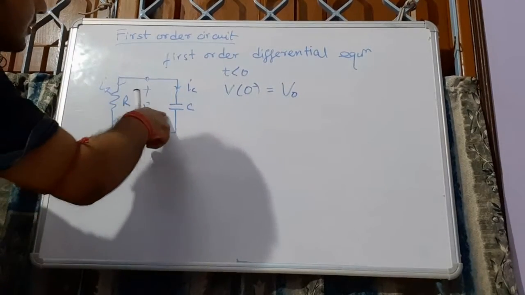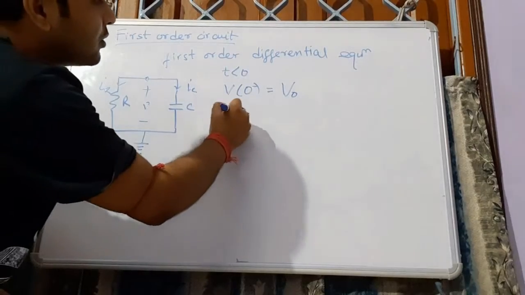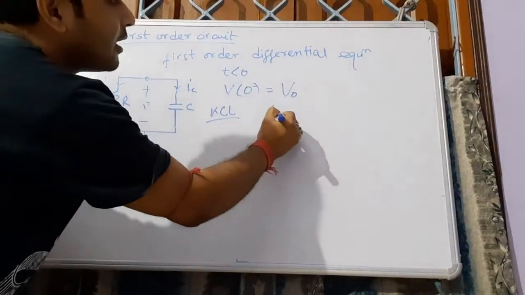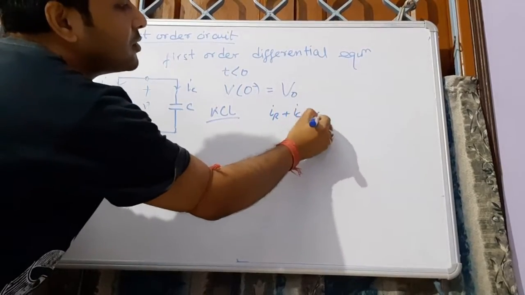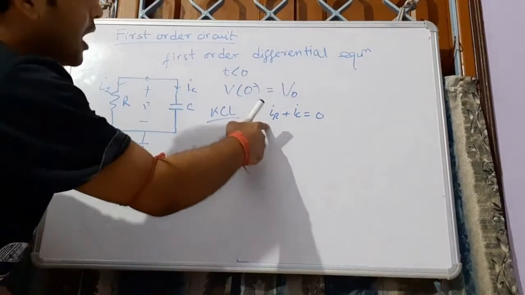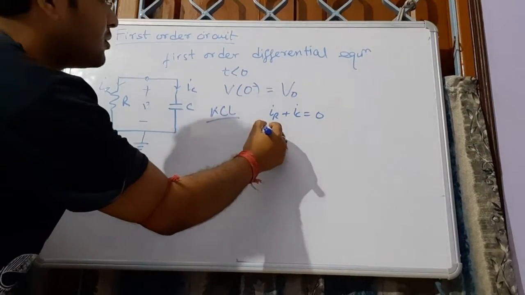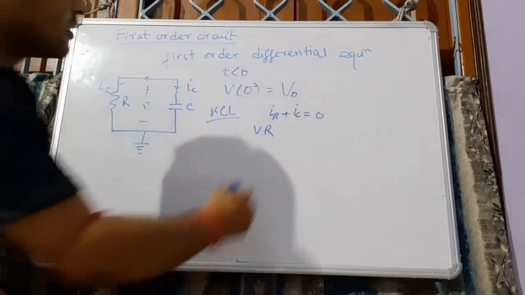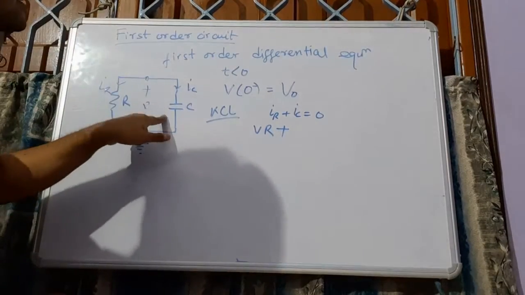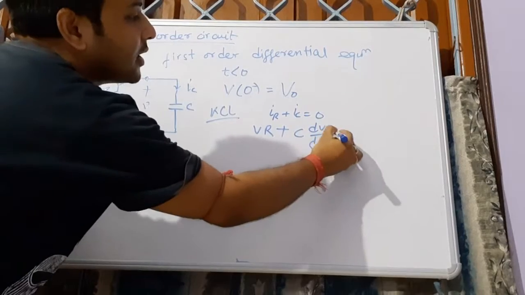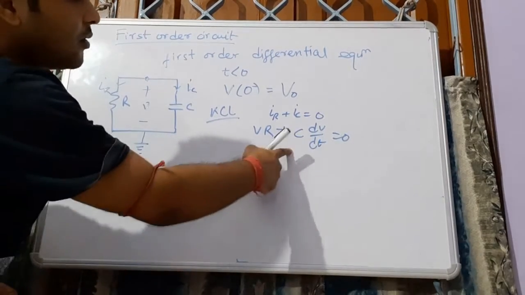Okay, now if I apply the KCL rule, what will I get? IR plus IC equals 0. Now what is IR? V divided by R, right? Plus what is IC? C dV/dt, equals 0.